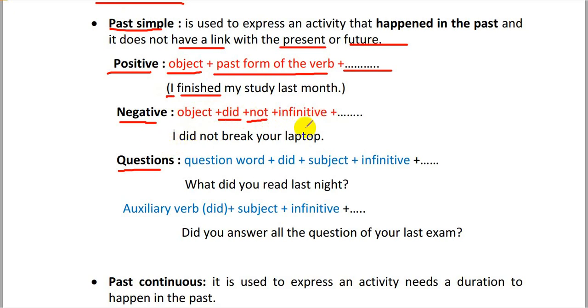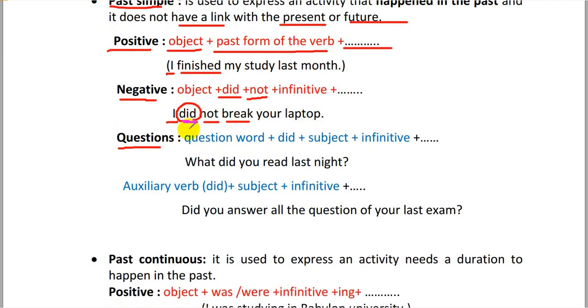Now the sentence will be: I did not break your laptop. Break is the infinitive verb. So where is the past in this sentence? The past can be recognized with the auxiliary verb did. صيغة الماضي لا نلاحظها في الفعل الرئيسي وإنما نلاحظها في الفعل المساعد.